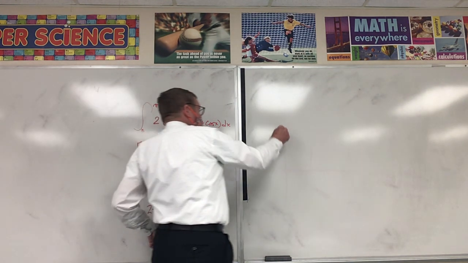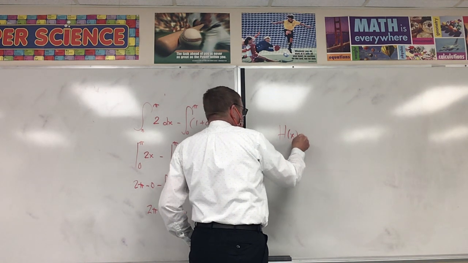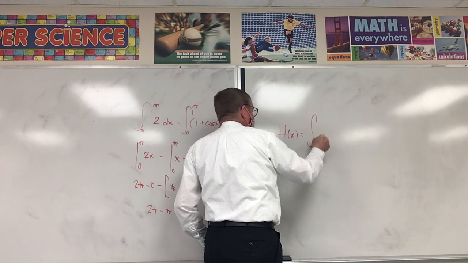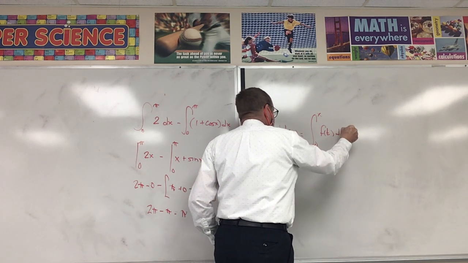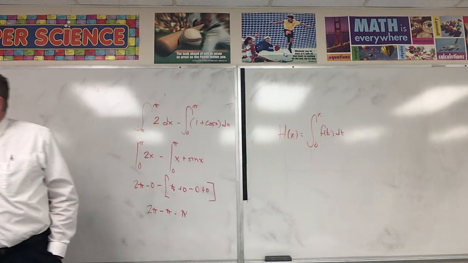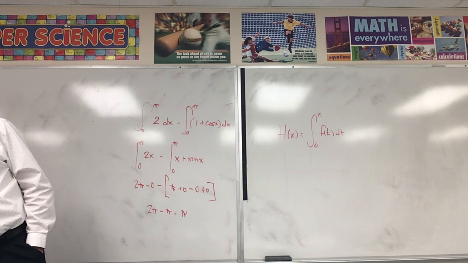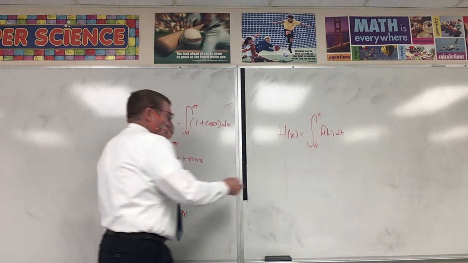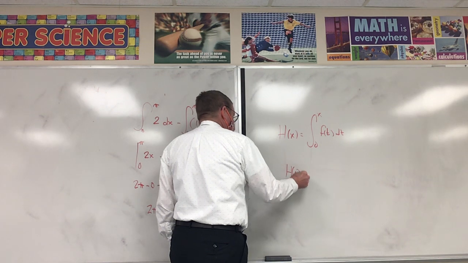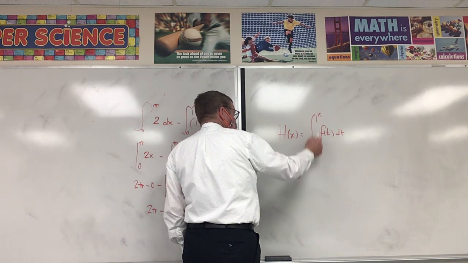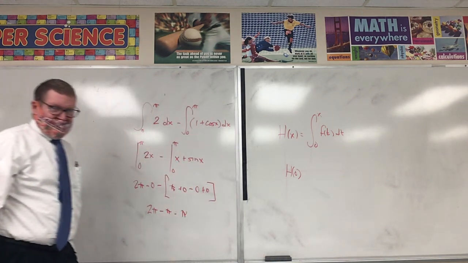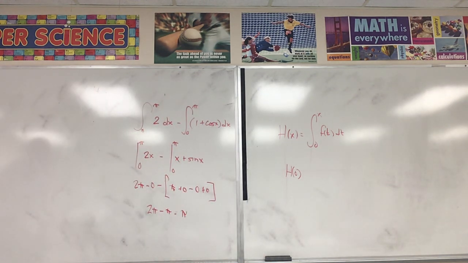They say h of x equals the integral from 0 to x of f of t dt. Is that right? Yes. So when they say h of 0, they're saying x is 0, so put 0 for x. And when the limits are the same, we have an area of 0.